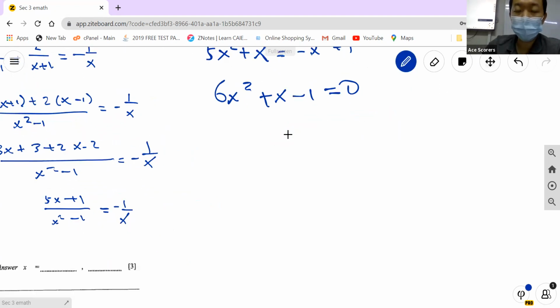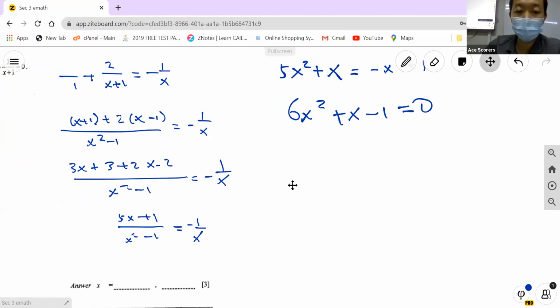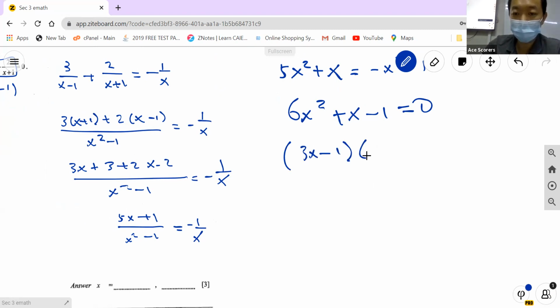Once you reach this step, this is where you need to do your factorization. So factorize. When you do a factorization, you will get 3x minus 1, 2x plus 1 equals 0. So it's split into 2. So 3x minus 1 equals 0.